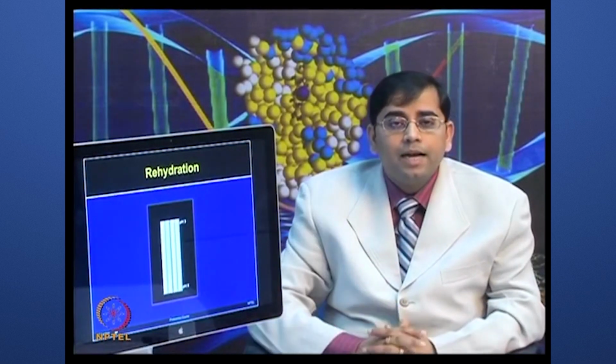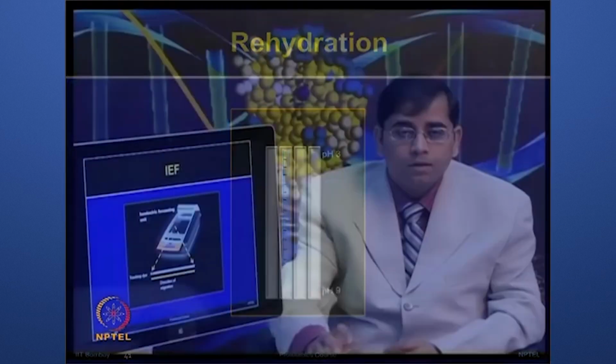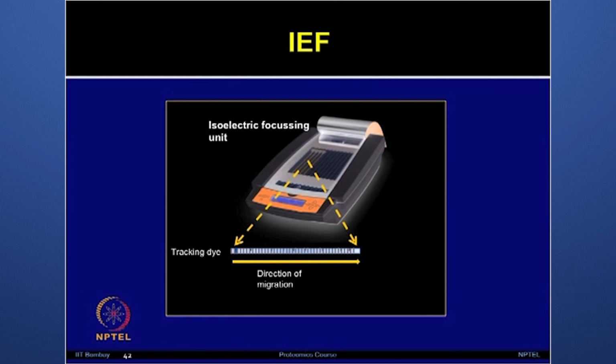After that is done, you can take that sample and do the rehydration. We have talked about the rehydration step and the need for it in the previous lecture in the 2D workflow. Now, this rehydrated strip can be focused in an isoelectric focusing instrument.